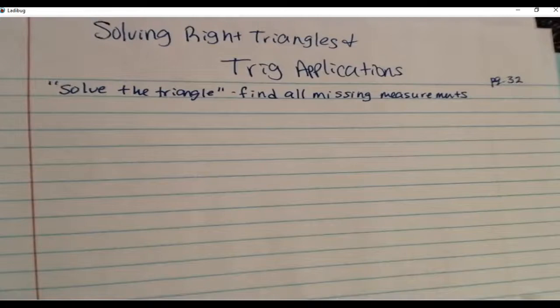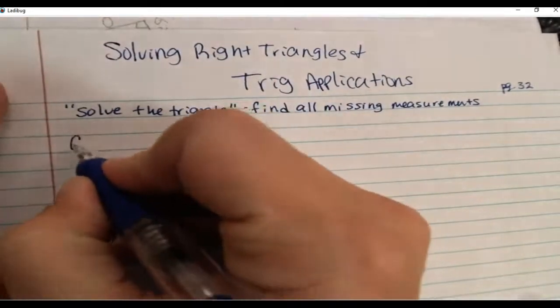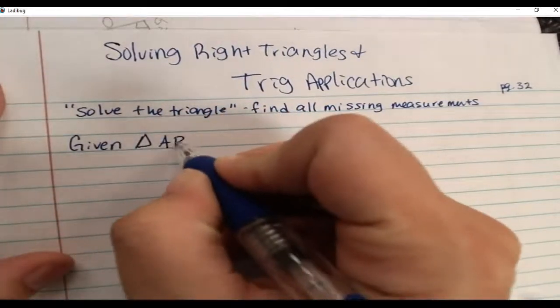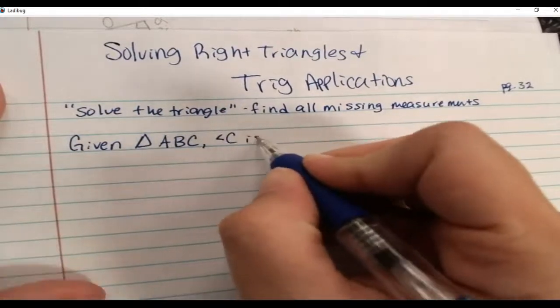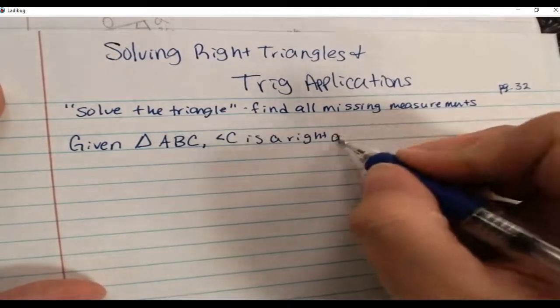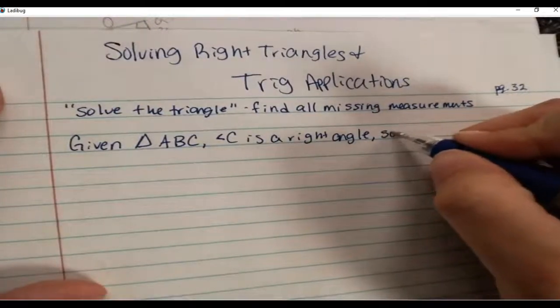It'll say something like, given triangle ABC, where angle C is a right angle, solve the triangle.